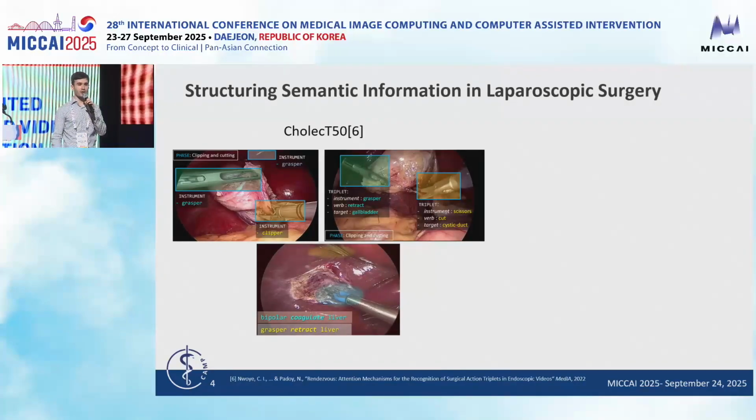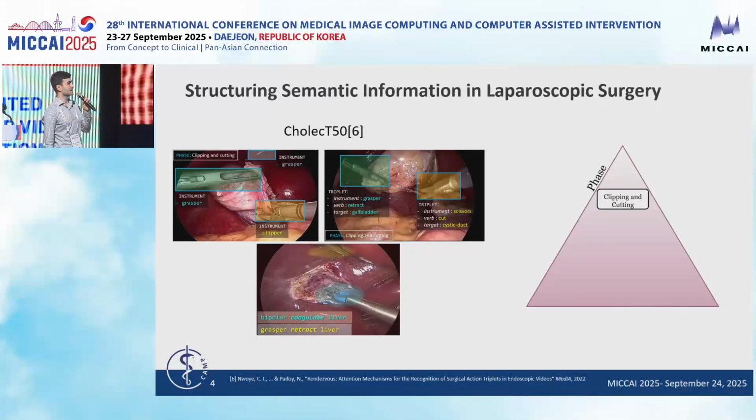We could think of putting it in a hierarchy of how much of the scene they describe, in the sense of the length of the video. At the top, we would have the phase. It describes something kind of general that happens for 5, 10, 15 minutes, depending on the phase. After that, we have the triplet labels that describe what happens in a shorter time frame, like 5, 10 seconds.